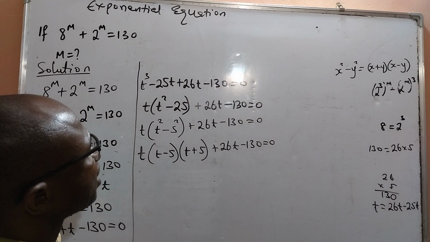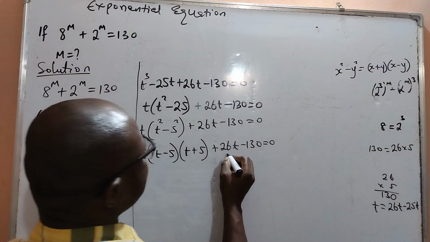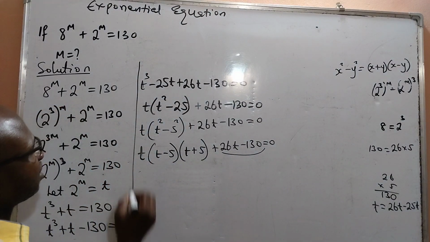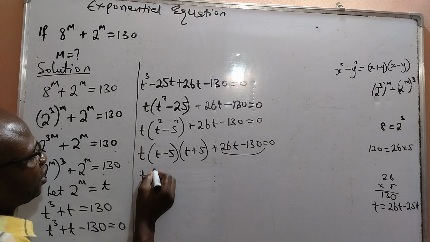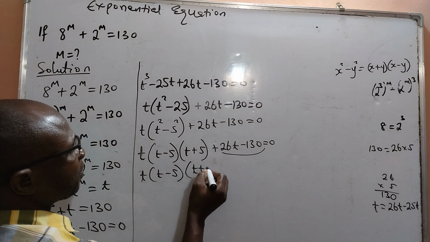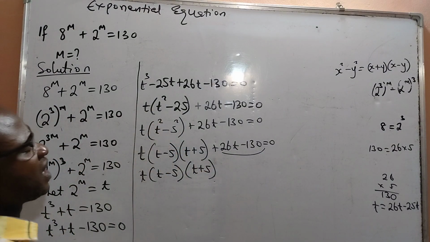At this point, something is common. If you don't mind, let me come to this place and factor what is common as well. That will give me t into t minus 5, also t plus 5, which is this, expressed in difference of two squares.